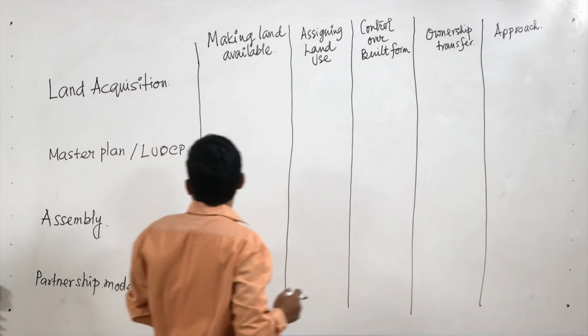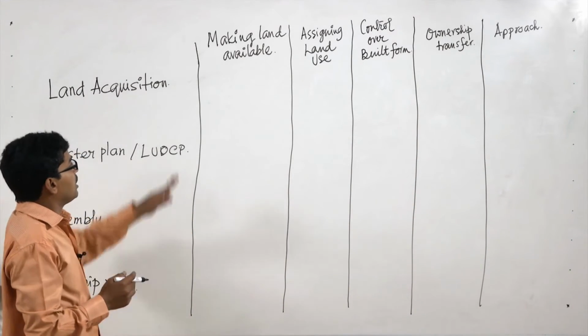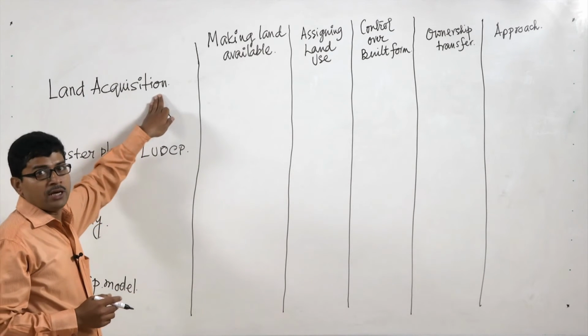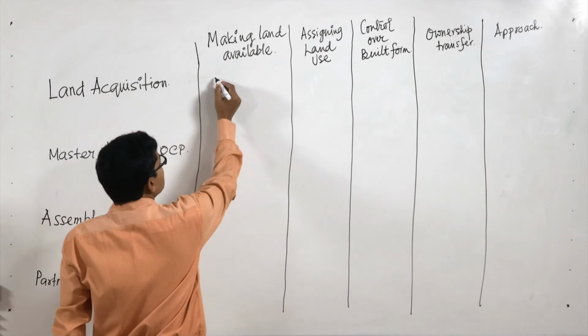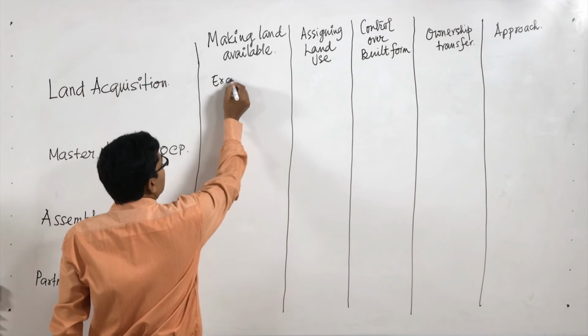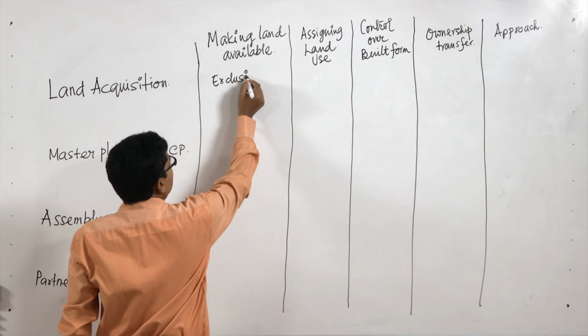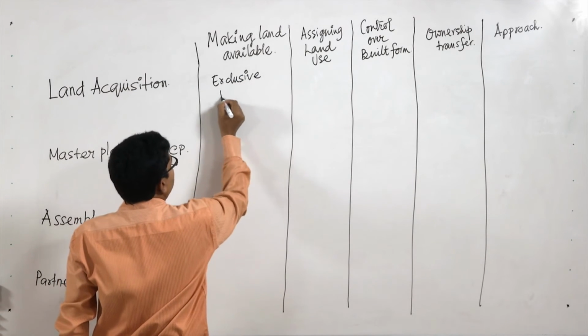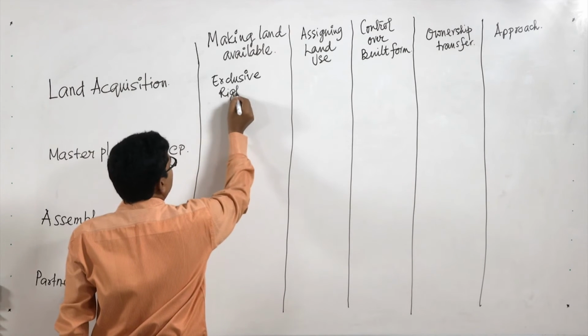Now, in the first category, in the land acquisition, basically the land acquisition is done by using the exclusive right of the government.